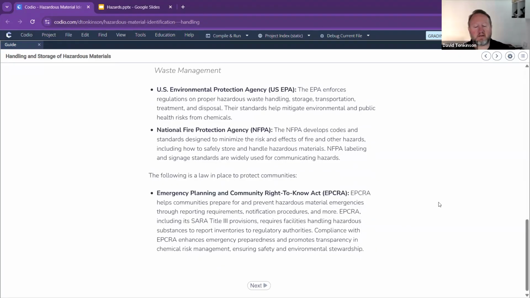There's the NFPA, the National Fire Protection Association. It's their job to make sure you don't burn down the buildings and everywhere else around you. So they develop codes and standards essentially designed to minimize the risk of any damage, to make sure that you look after things, stuff is stored safely and therefore doesn't burn down your locations.